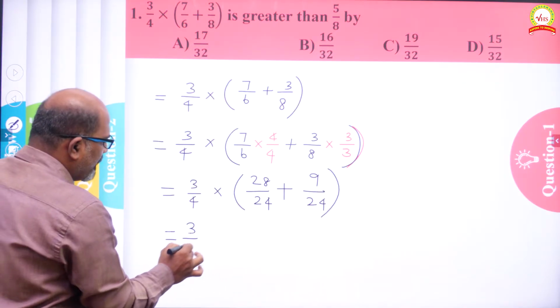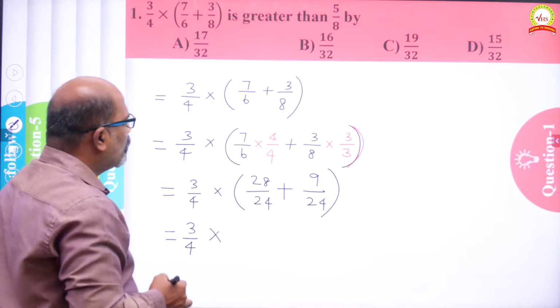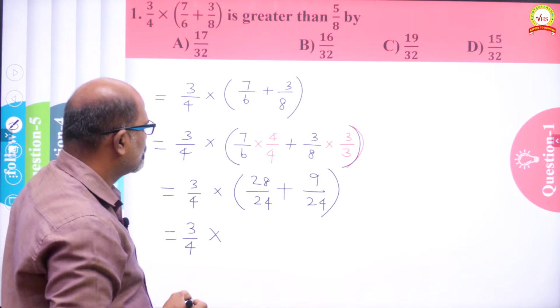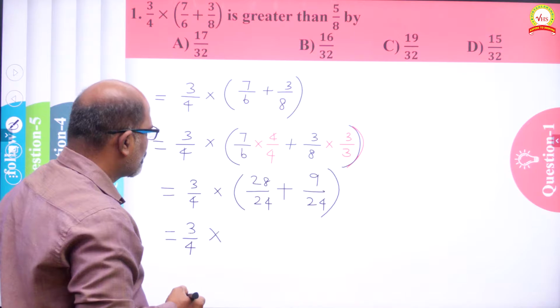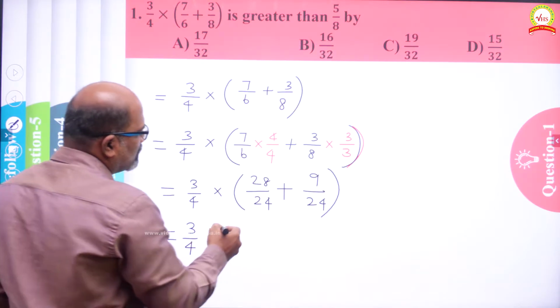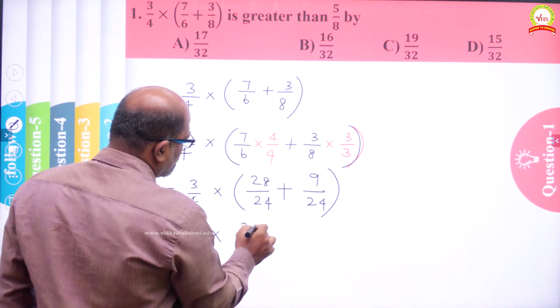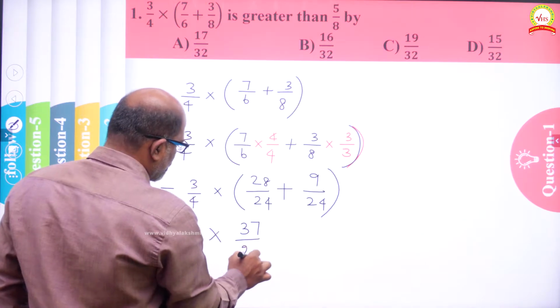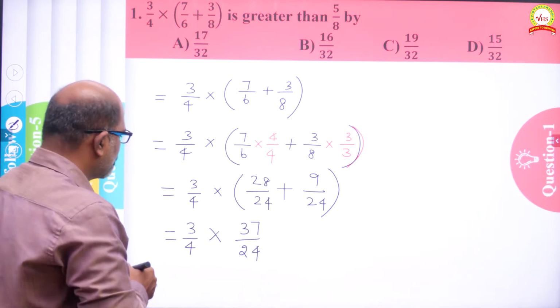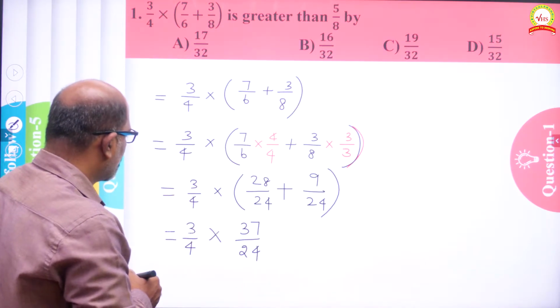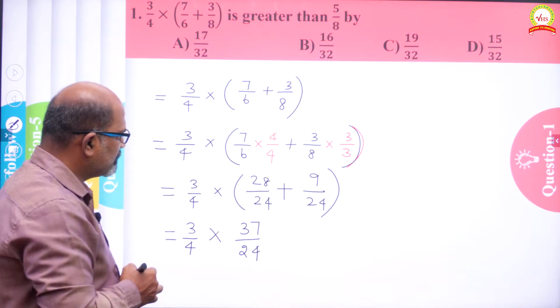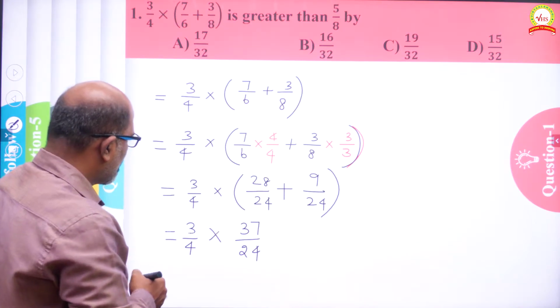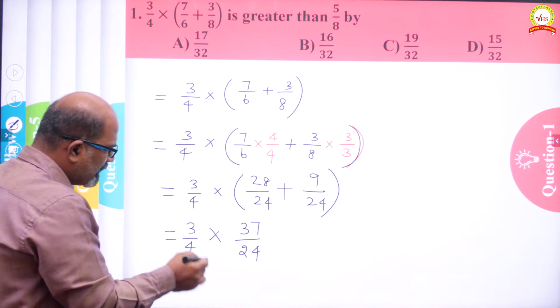Then in the next step, 3 by 4 multiplied by 28 plus 9, 37 by 24. We are having 37 by 24. Okay, is there any common factor between the numerator and denominator here?